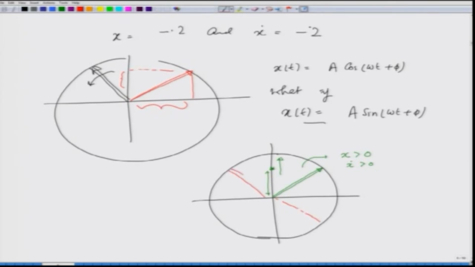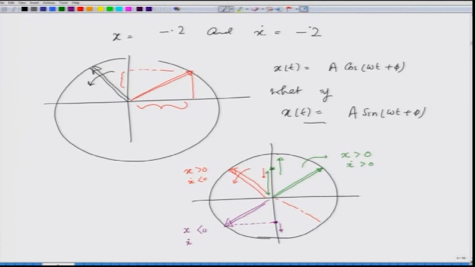In the second quadrant, x would be greater than 0, but x dot will be less than 0 because this phasor is moving counterclockwise and this point would be coming down. Similarly, in the third quadrant here, if the phasor is made here, x would be less than 0 because now the phasor would be representing a point here and the point is moving down.